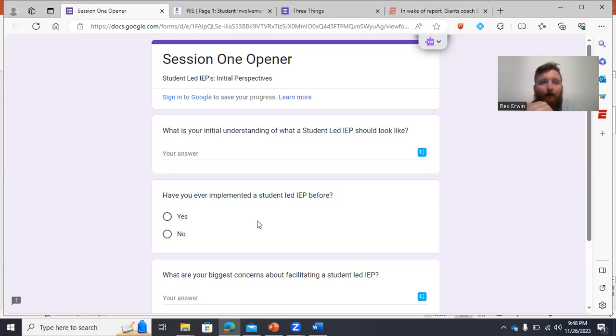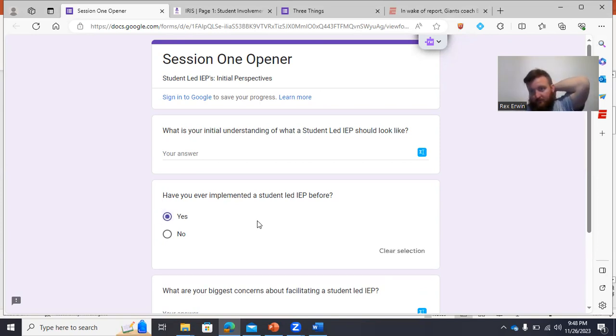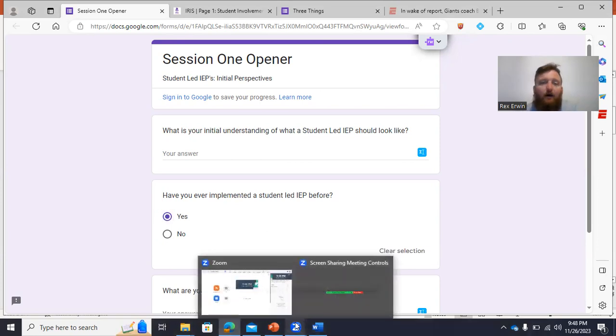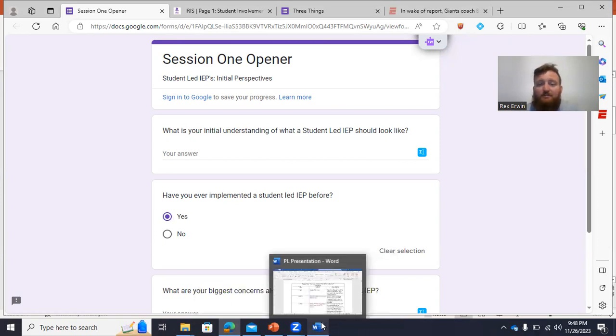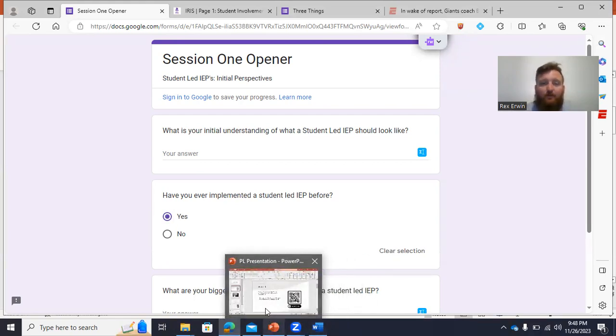Obviously they should have experience with transition, because we do that with the student at the age of 16. But otherwise, for a lot of our students, the IEP is just the thing that gives them small group. At least that's their perspective on it, unfortunately. That has to change, and this is one way that you can do that.